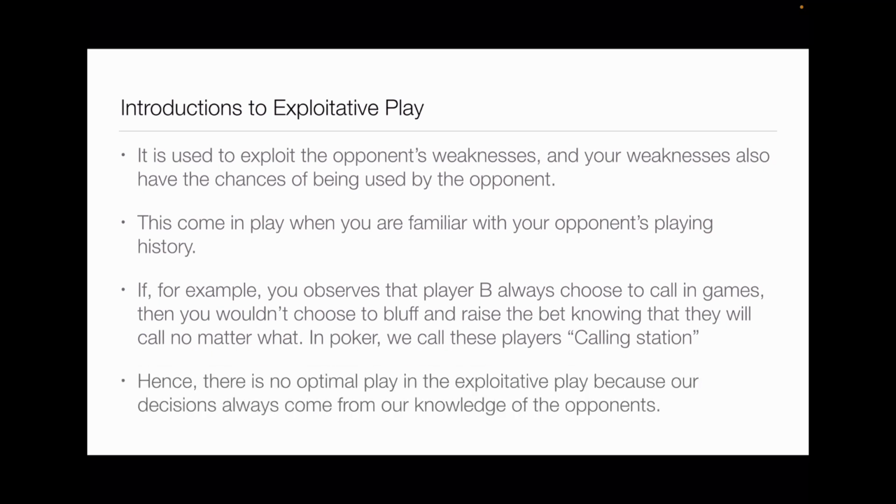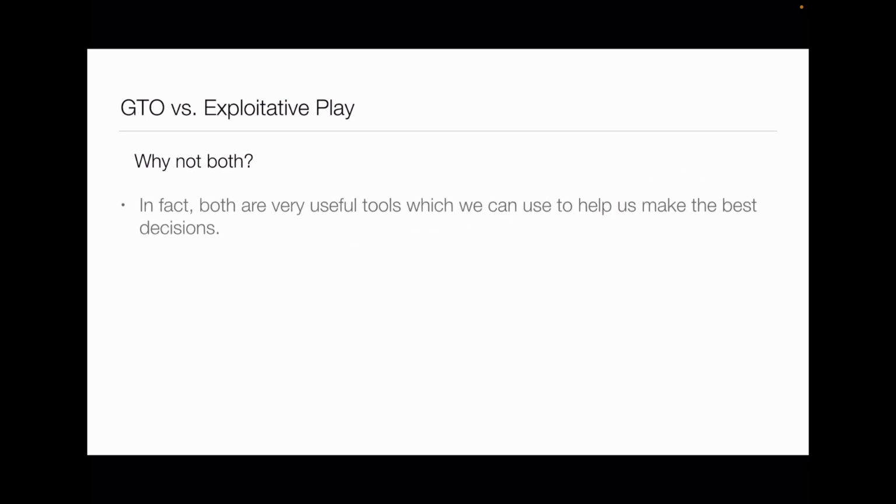Hence, there is no optimal play in the exploitative play because our decisions are always based on our knowledge of the opponents, and that is why more psychological elements are introduced. And this raises another question: why don't we use both of them? In fact, both concepts are really useful tools which we can use to help us make the best decisions.